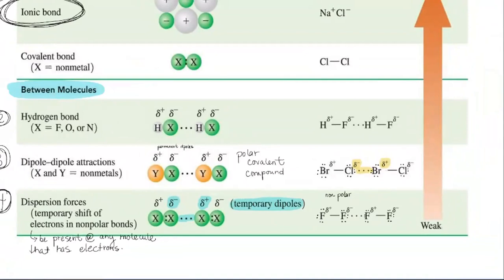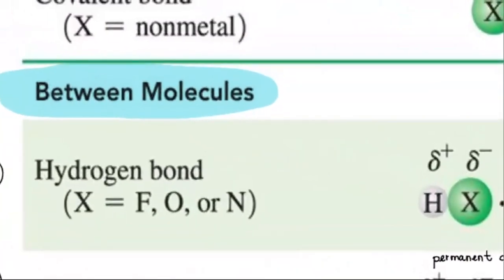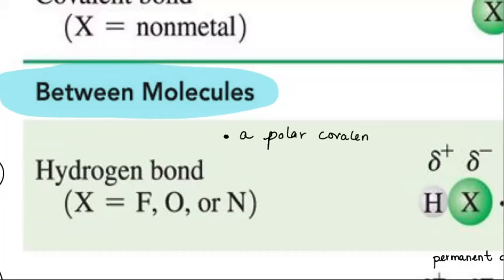Let's now move on out of these to the next one, which is hydrogen bond, okay? So when it comes to hydrogen bond, there's certain parameters that we must meet. Number one, you need a polar covalent compound.